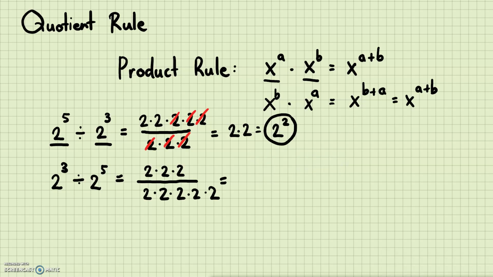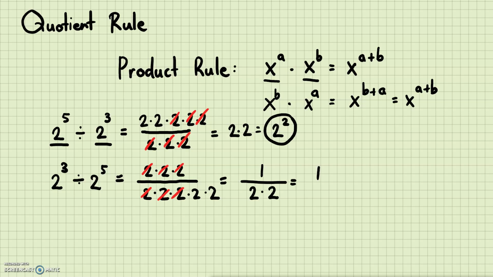And we can again cancel the 2's. But this time we get 2 2's in the denominator, not in the numerator. So this does not equal 2 times 2, but indeed it equals 1 over 2 times 2. We need to notice that the 2 2's are on the bottom, not on the top.